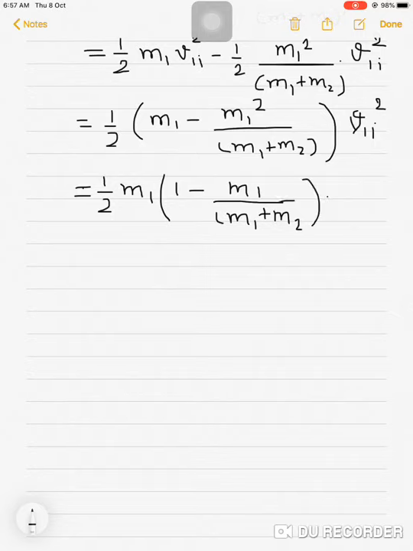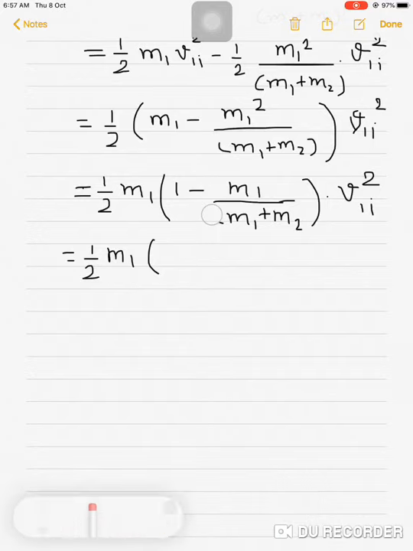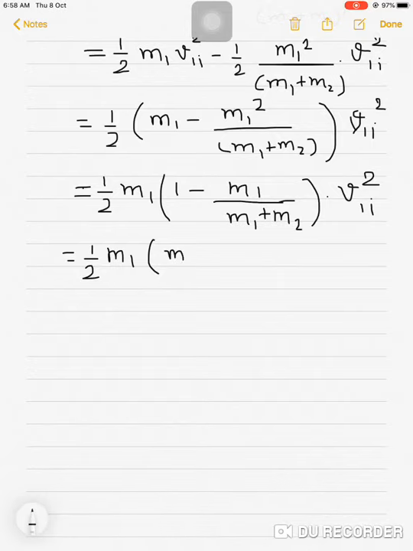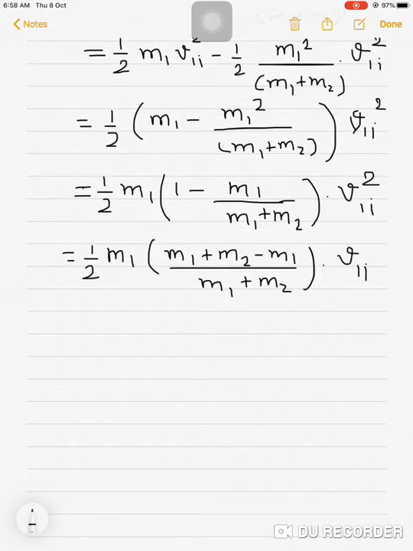Taking LCM, after simplification only m2 will remain: m1 plus m2 minus m1 upon m1 plus m2 into v1i square.